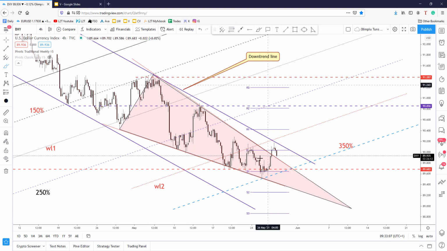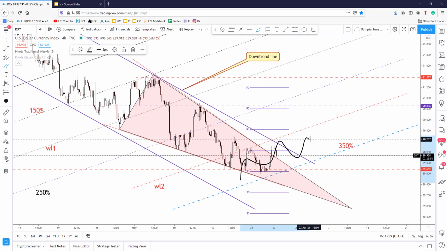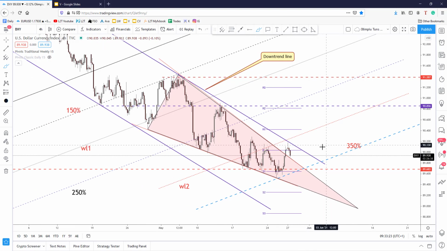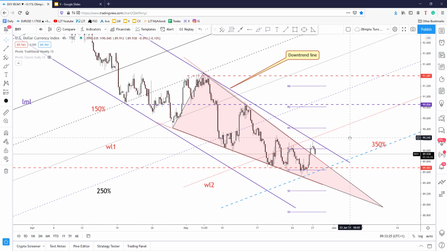So right now it is trapped here within a minor ascending channel between the second warning line and the 350% Fibonacci line. So this potential minor up channel could represent a continuation pattern. So potential drop, a valid breakdown below 89.68 could signal a further decline. So potential further decline here will signal that the US dollar will continue to depreciate.